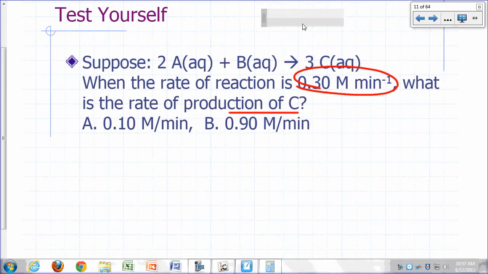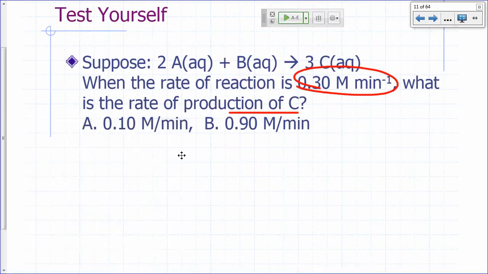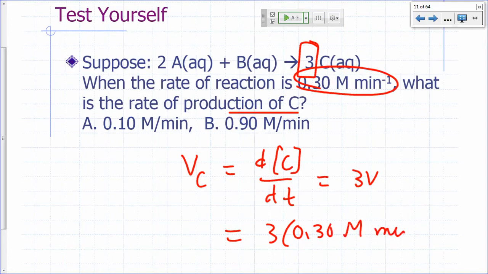Okay, 0.9. Very good. Because the rate of production of C, which is dC/dt, is equal to 3 times the rate of the reaction. The coefficient of C is 3, so 3 times 0.30 moles per liter per minute is 0.9.